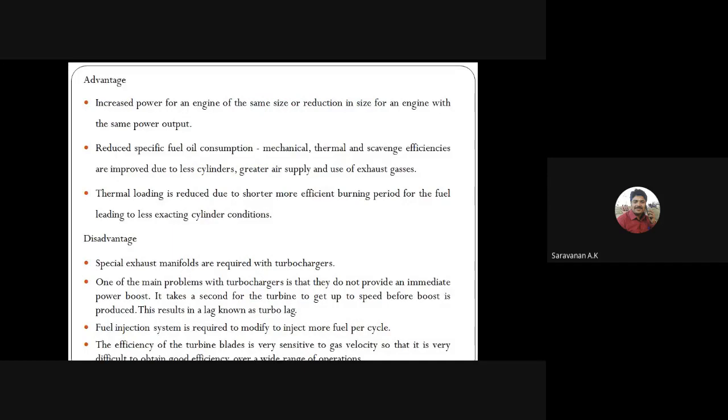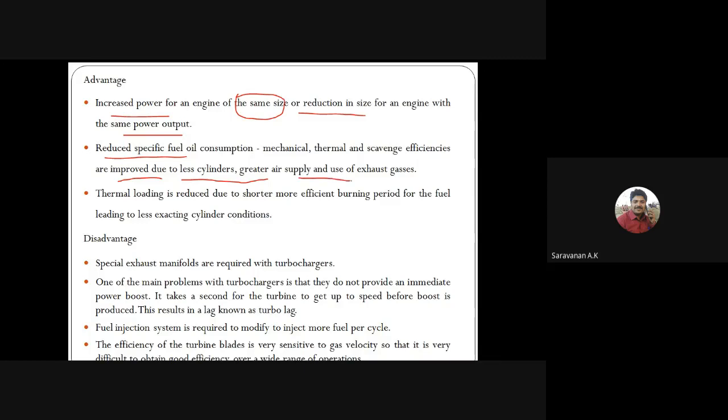Here we also have some advantages and disadvantages of turbocharging. For the advantages, it will increase the power of an engine. At the same size of the engine, we can increase the power. It reduces the size of the engine for the same output, and it reduces the specific fuel consumption.